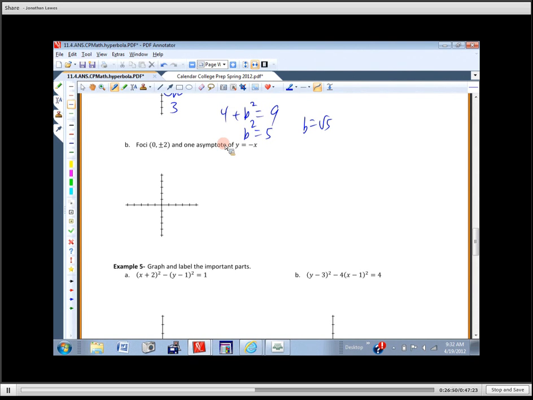There's a lot you can tell just by looking on this one. It's not easy, but you can figure it out.